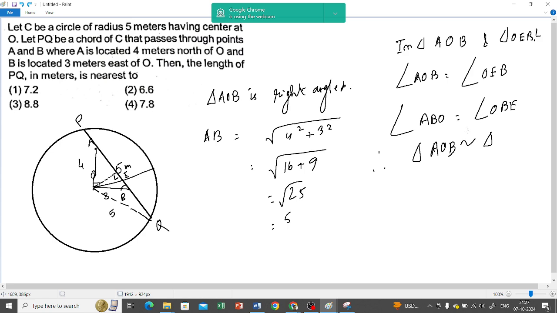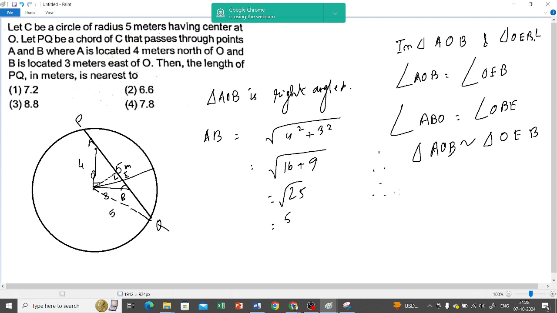So AOB is equals to OEB, so this will be E, কারণ O এর corresponding হচ্ছে E, আচ্ছা, আর B এর corresponding হচ্ছে B, এটা হচ্ছে O. Okay, so AOB is similar to OEB.